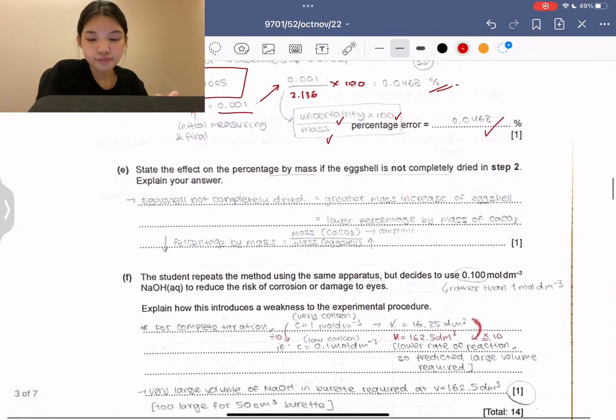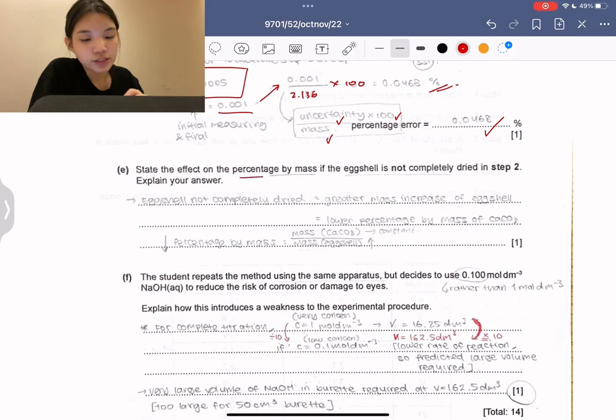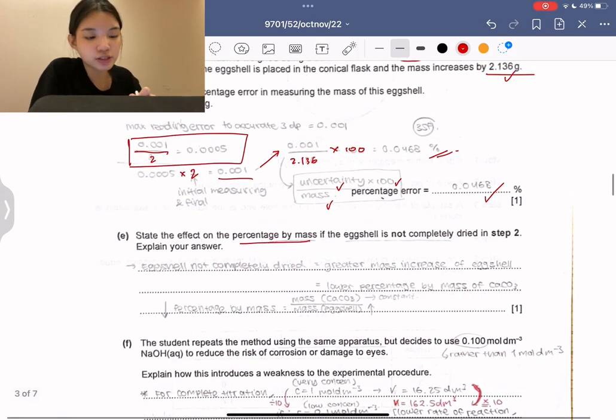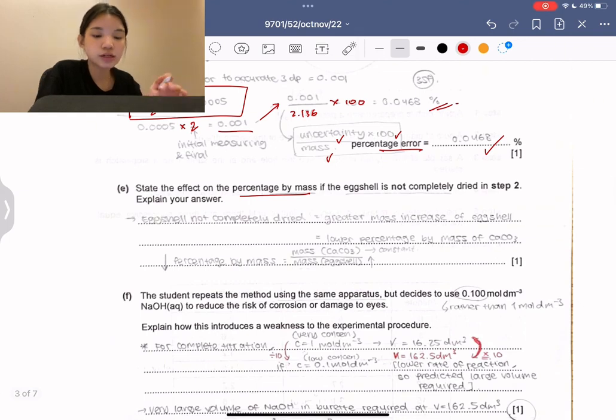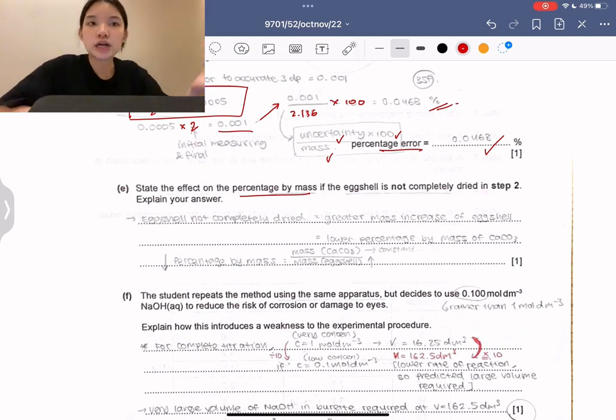Then E, state the effect on the percentage by mass. This is different. Just now was percentage error. This time it is percentage by mass. Percentage by mass is mass of CaCO3 divided by mass of powdered eggshell used, times 100. If the eggshell is not completely dried in step 2, there is of course additional mass of water.